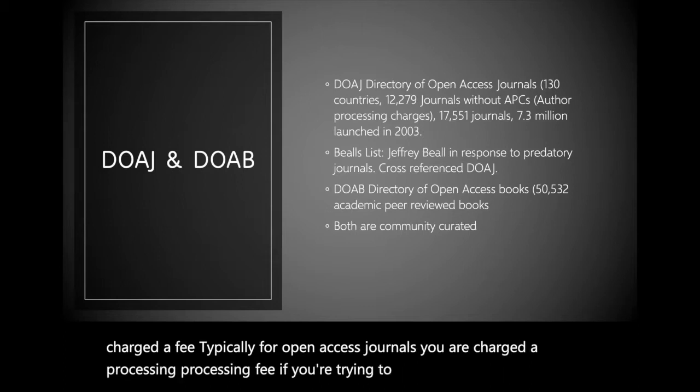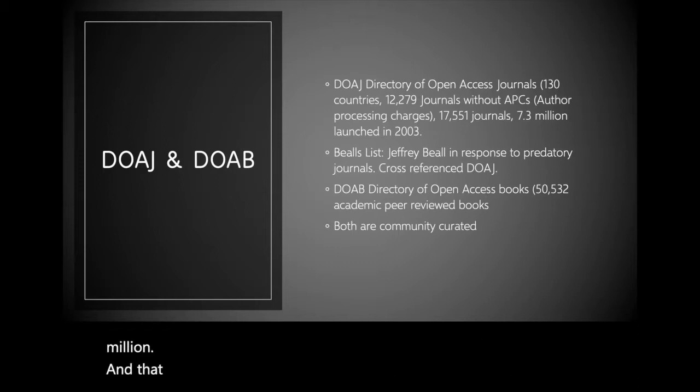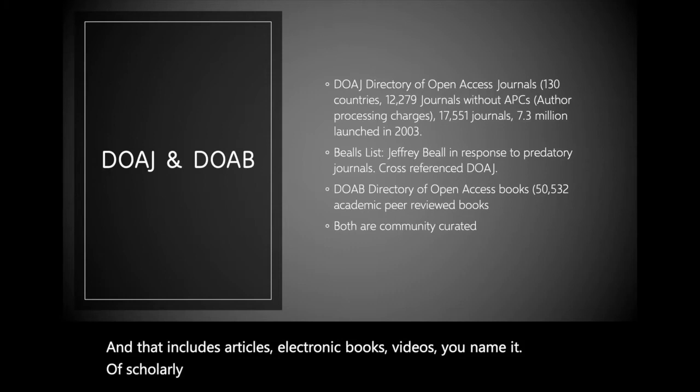But there are 12,000 journals without APCs. There are 17,551 journals overall with 7.3 million materials. That includes articles, electronic books, videos, you name it, and definitely scholarly articles.